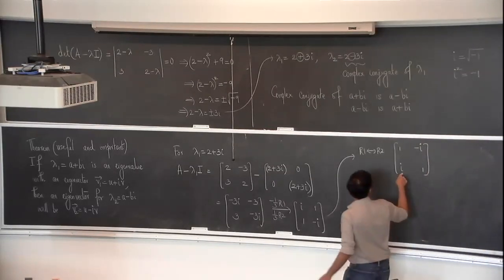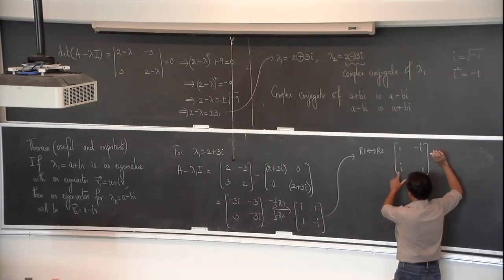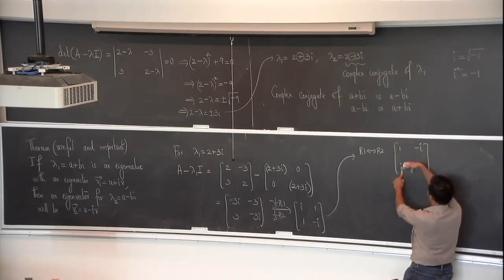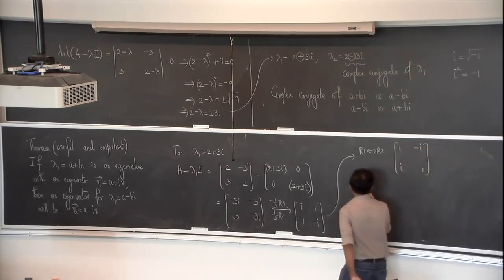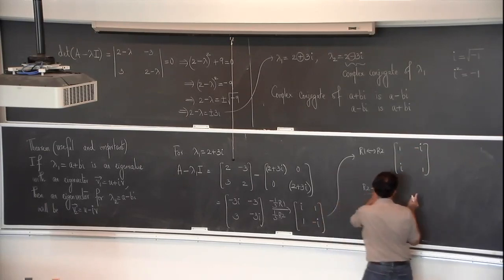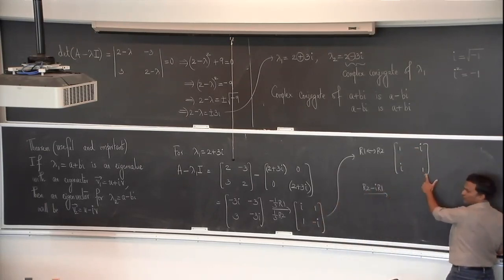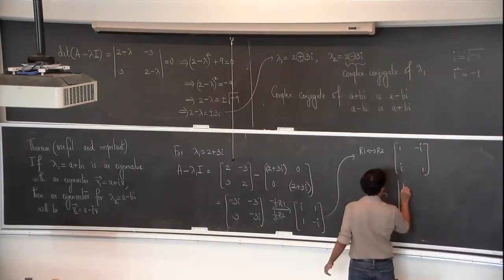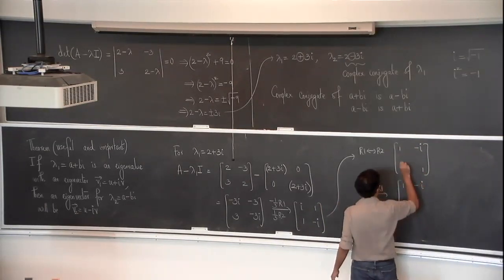All right. Do your typical REF, except that this is i, so you have to do R2 minus i R1. If it was 5, you would have done R2 minus 5R1. You know what to expect, right? You need to get 0 here and 0 here. No exceptions to that rule. So this is 1, negative i minus i is 0.